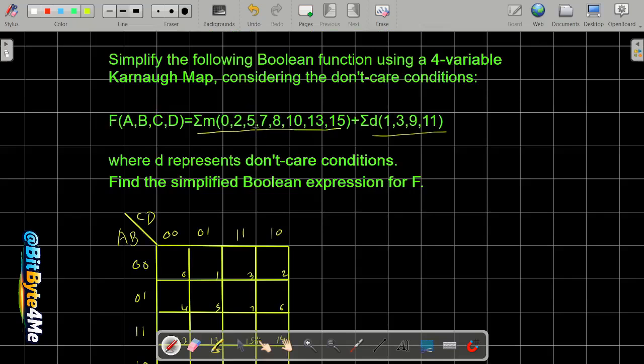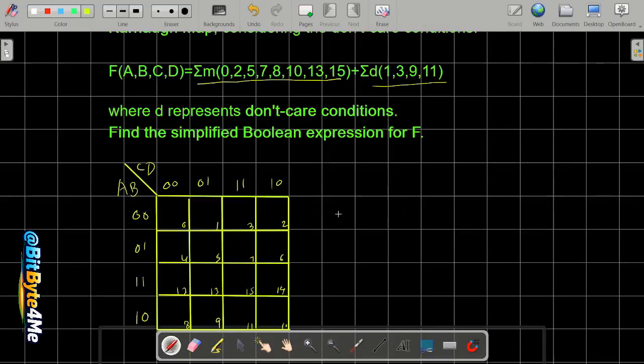First 0, 2, 5, 7. So at 0, 0 we will put 0, 2, then 5, then 7. So these are the values. Then after 0, 2, 5, 7 come 8, 10, 13 and 15.